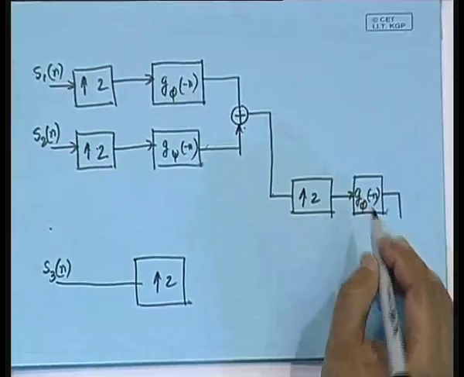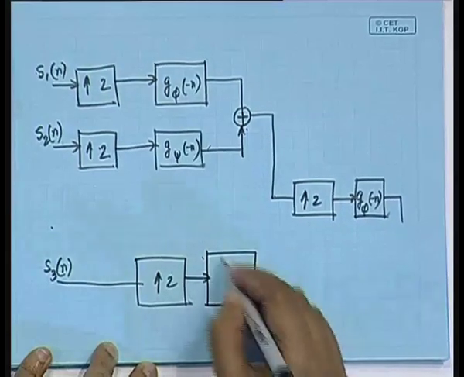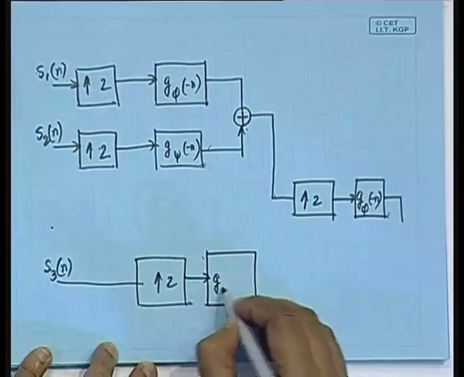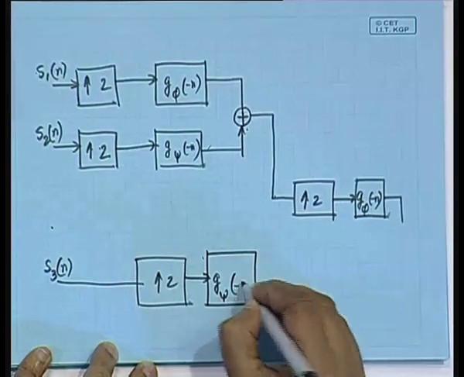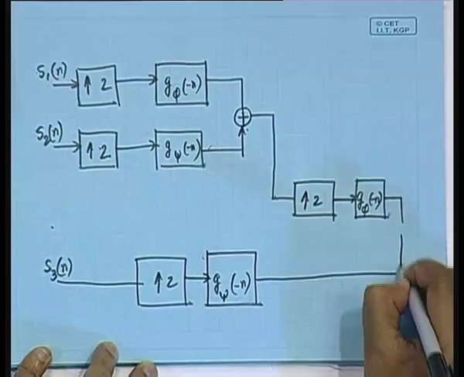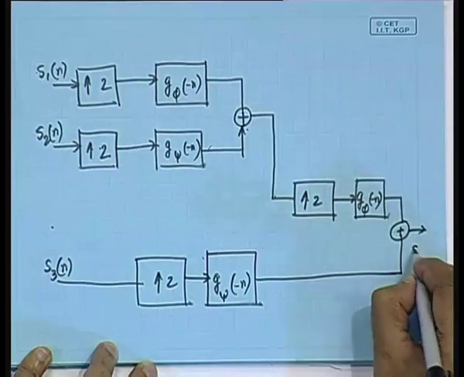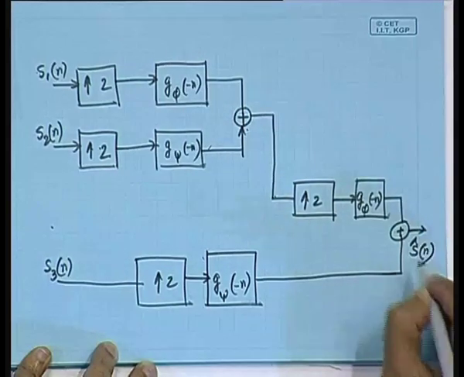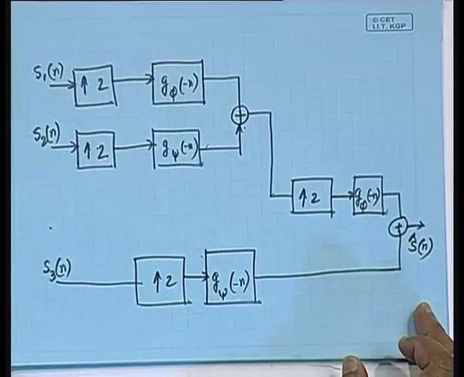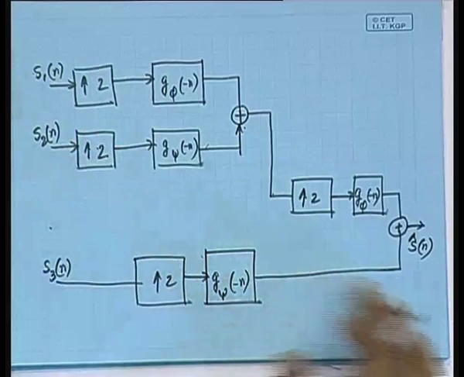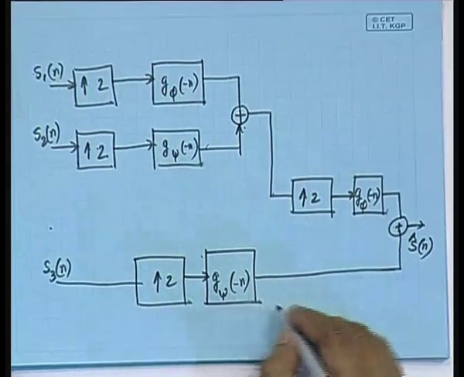Now, S3 of n we will pass through a G psi of minus n, add it up, and this will realize S cap of n, right. So, we can realize S cap of n using this. So, this is the synthesis filter bank.